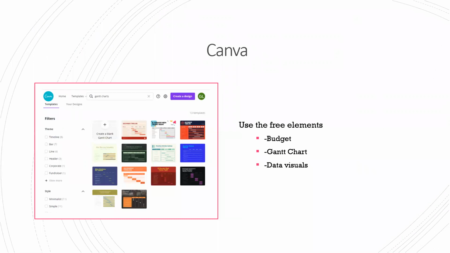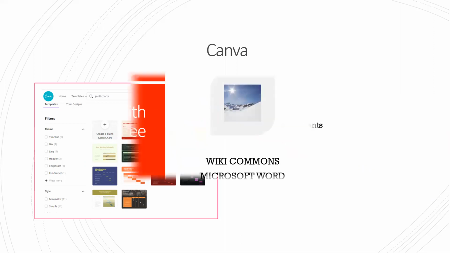If you do access Canva, and I've probably showed you that website before, if you type in budget, it's going to bring up some, but it's mostly like personal budgets. It's not really for this project. But Gantt charts, it has a lot of different examples, and they're easy to mess with. Or if you type in data visual, it will bring up different ideas for you too. So Canva, I love Canva.